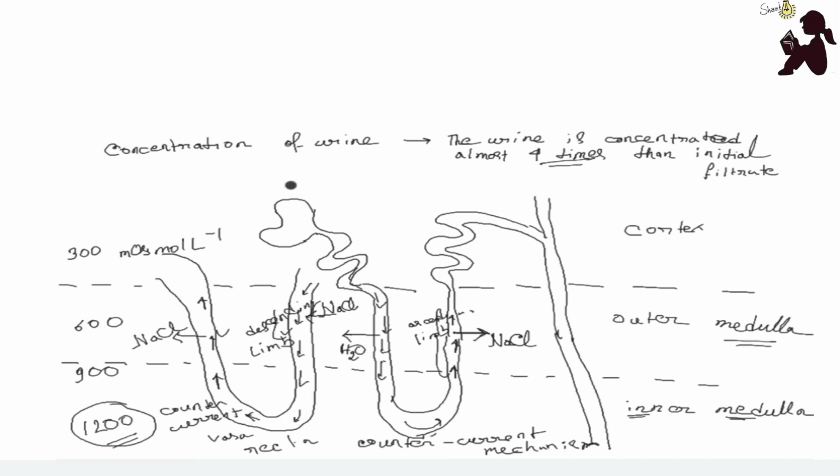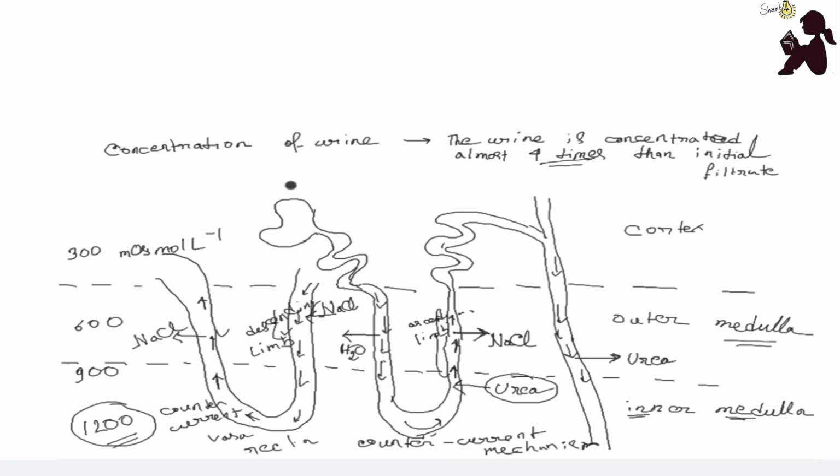Okay, and there is another aspect to this. Urea. This urea can enter the ascending limb, and again when the urine is passing through the DCT and again to the collecting tubule, from the collecting tubule this urea can be again reabsorbed.